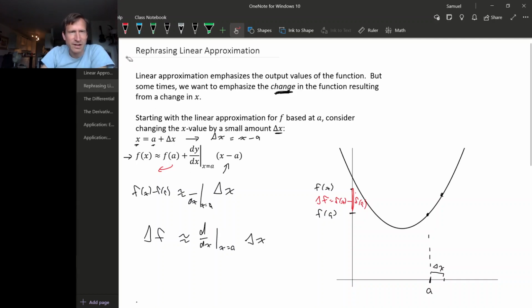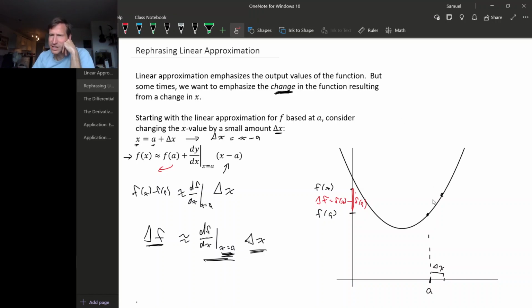Let me write f instead of y. Okay. So what this lets us do is approximate how much a function changes. You just take the change in x causing the change in output and multiply it by the derivative at the x value that you started at, which is the base point in this situation.